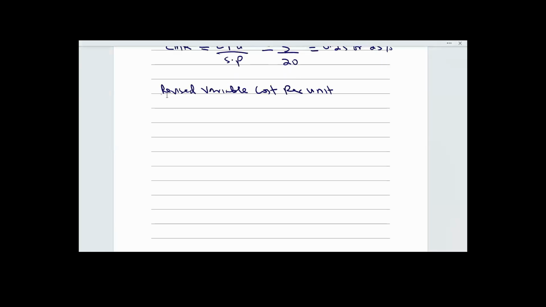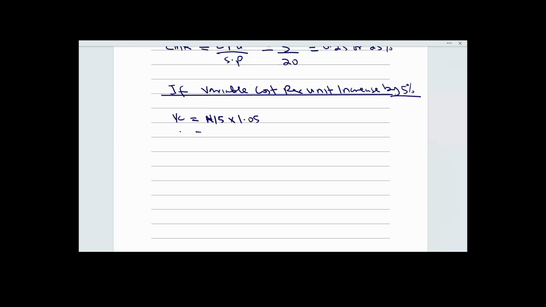So if variable cost per unit increases by 5%, the revised variable cost would be equal to the original variable cost of 15 naira multiplied by the increase of 5%, that's 1.05.